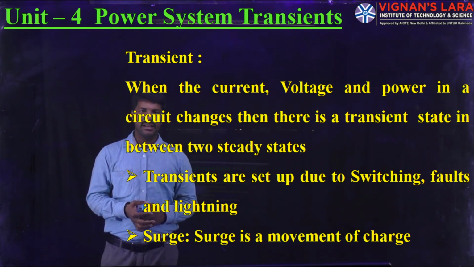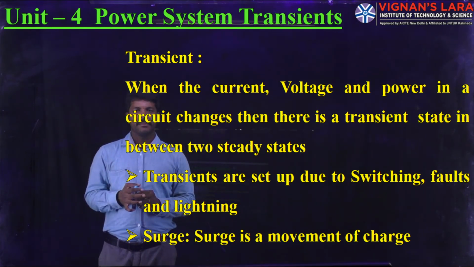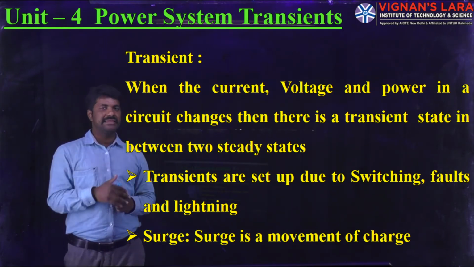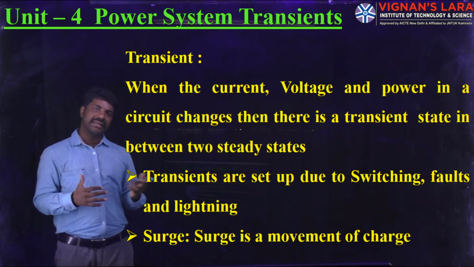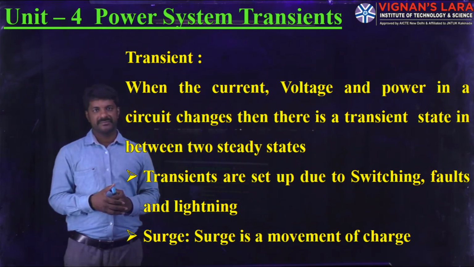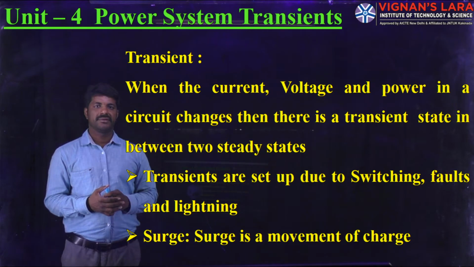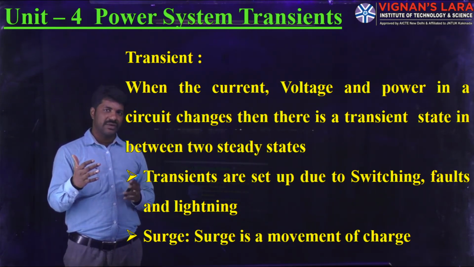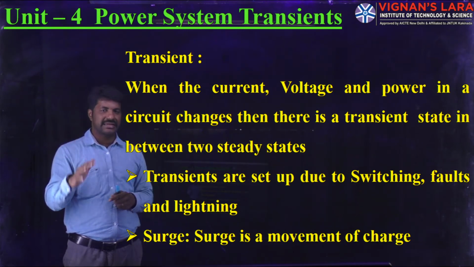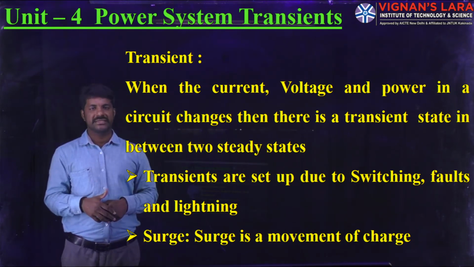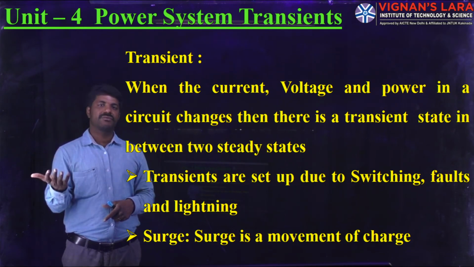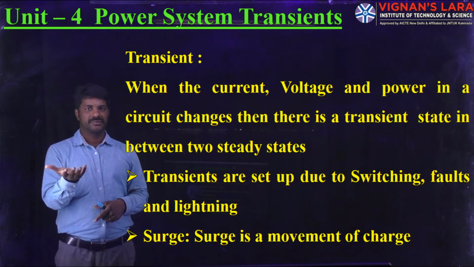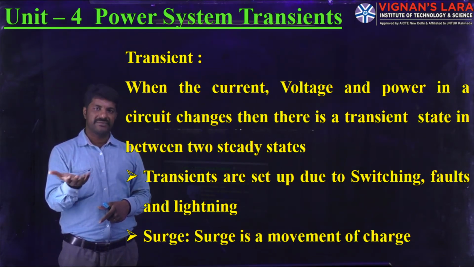On the transmission line, because it is very long, distributed over kilometers of length, faults may occur at any point of time and at any place, which can't be predicted. So we can't estimate where the fault is occurring. Whenever a fault occurs on the transmission line due to n number of reasons, the magnitudes of the voltages, currents and powers will change their levels, called the occurrence of a transient.